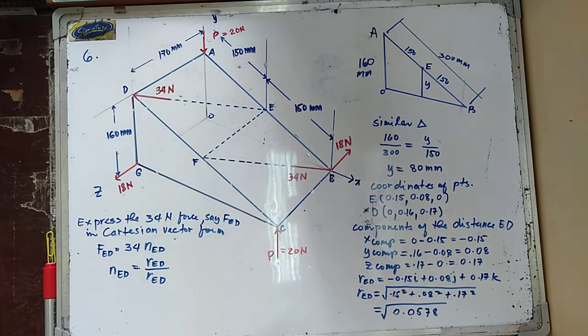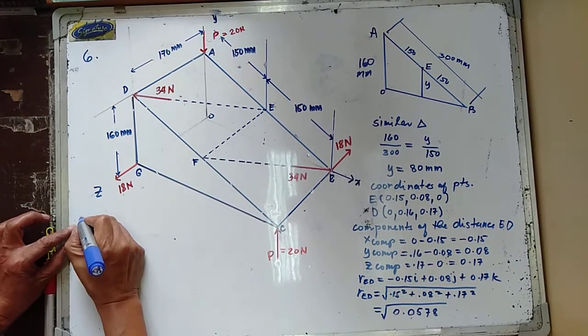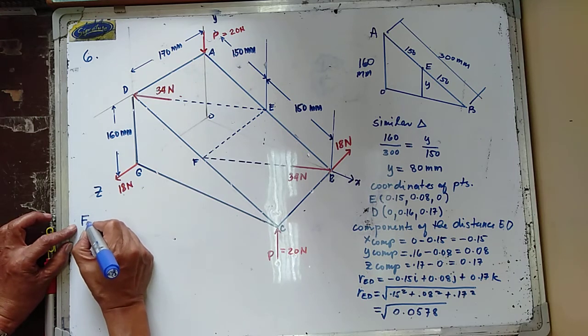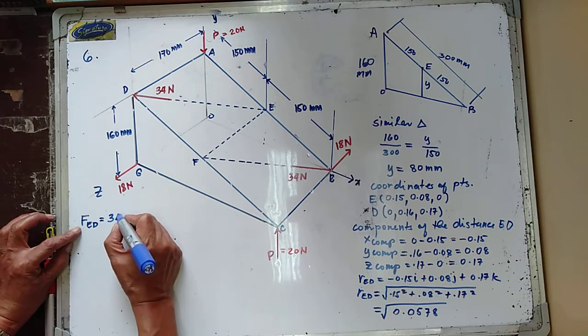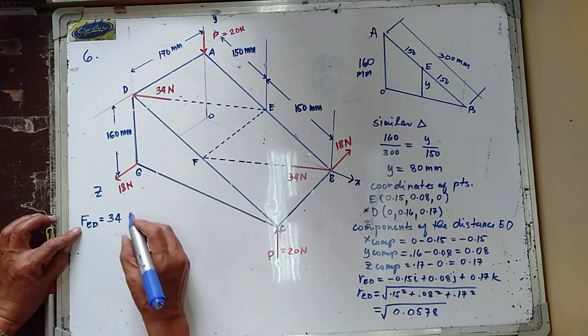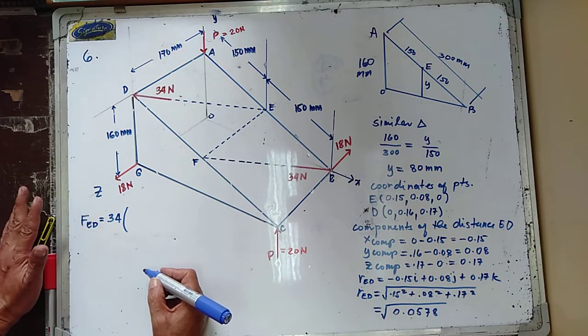0.0578. So in Cartesian vector form, your FED is now equal to the magnitude, which is equal to 34 newtons times a unit vector ED.